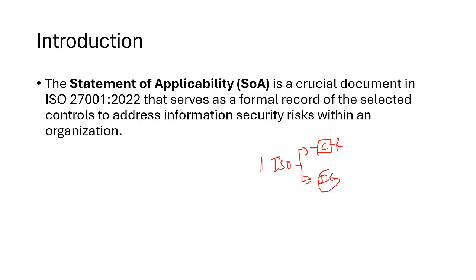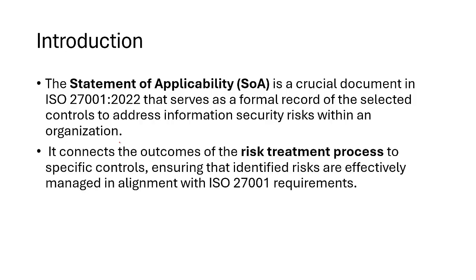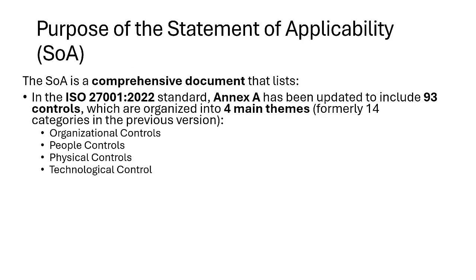So the Statement of Applicability is a crucial document because it serves as a formal record of selected controls and addresses the information security risks within the organization's systems. That's something we have discussed. And it connects the outcome of the risk treatment process, which is the specific controls, ensuring that identified risks are effectively managed, aligned with the 27001 standard.